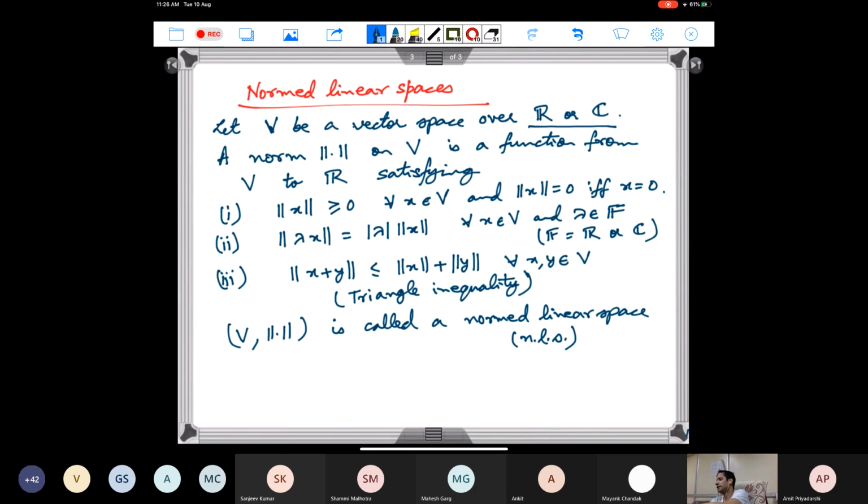Another thing is that if we have any normed linear space, then there is an induced metric, so this is also a metric space. Let me write this.